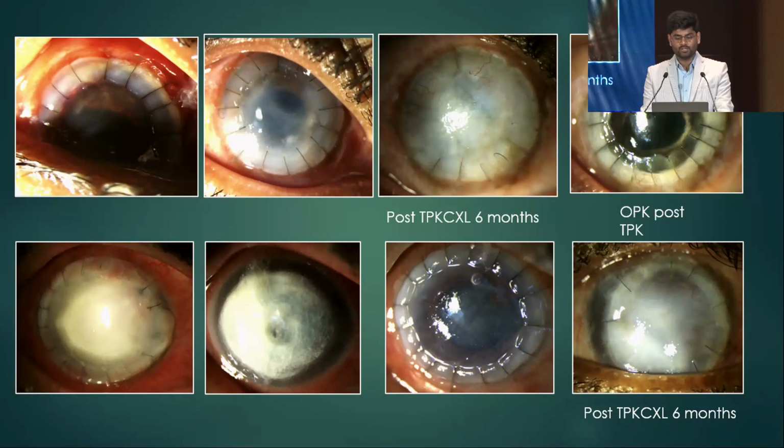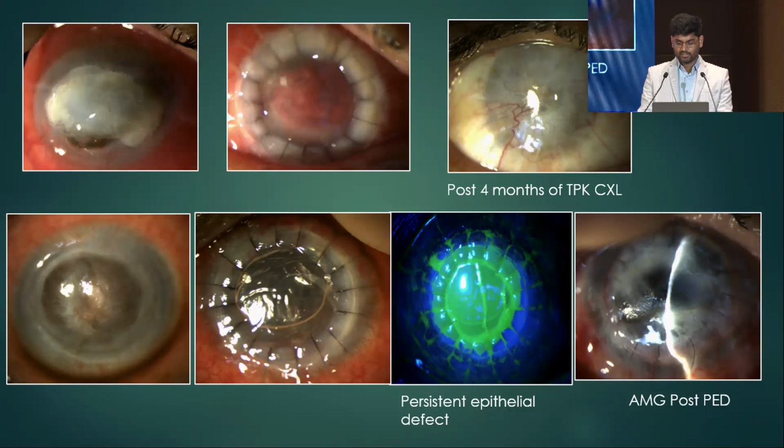These are some clinical pictures of therapeutic PK with CXL. At 6 months, we can see that there was no infection, and one patient also underwent optical penetrating keratoplasty post therapeutic PK, which is doing really well. And these are the patients who had infection after therapeutic PK in which CXL was not done.